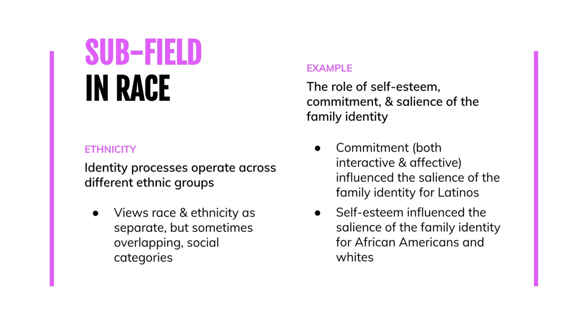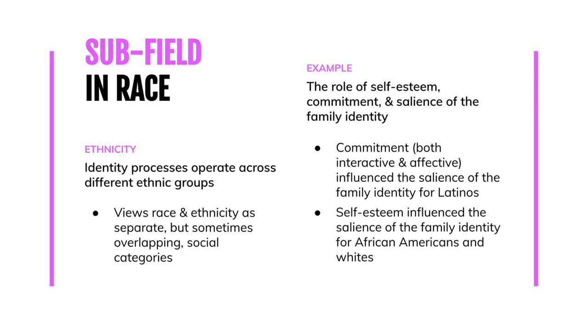And so an important development in identity theory is how identity processes operate across different racial groups and ethnicities, specifically social categories. So, again, more of a structural focus for identity theory specifically.